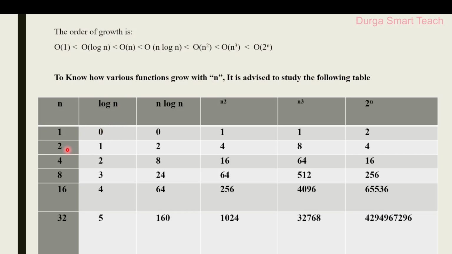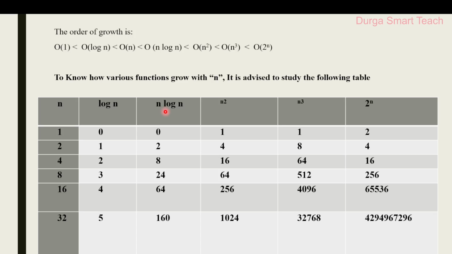If we increase the input, for 2 it will take 1, for 4 it will take 2, for 8 it will take 3, for 16 it will take 4, for 32 it will take 5 amounts of time. Okay, like that.